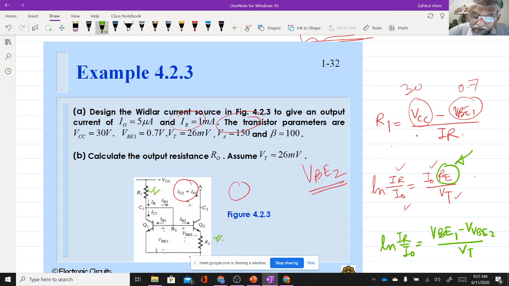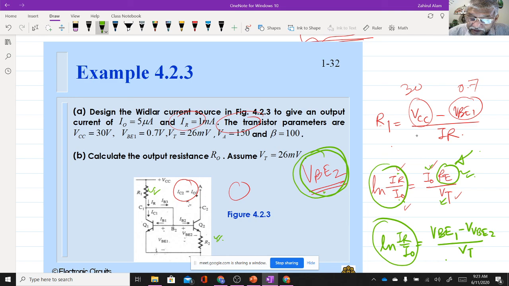Because IR and I naught we know, so we can easily calculate the value of this. Also we need to find VBE2. How to find VBE2? We know this relation and we know this relation. From this we can find this one. So now our problem is solved.